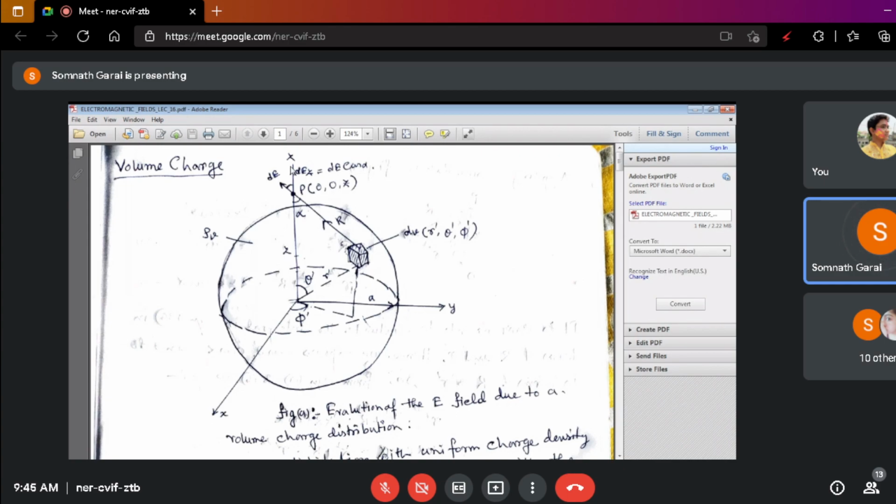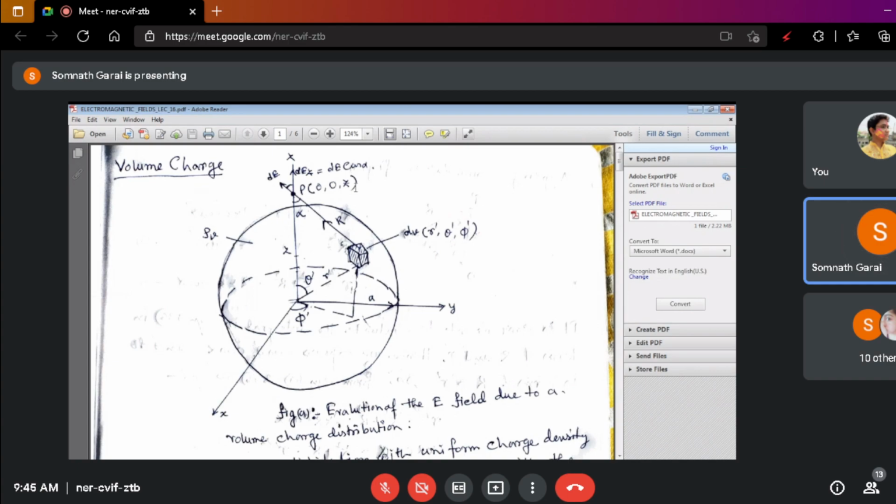According to vector analysis, the horizontal component is dE sin alpha and the vertical component is dE cos alpha.